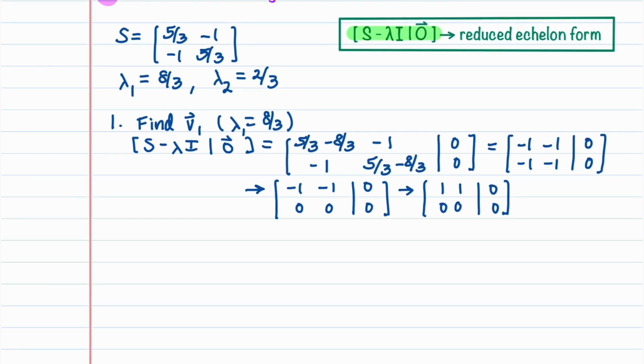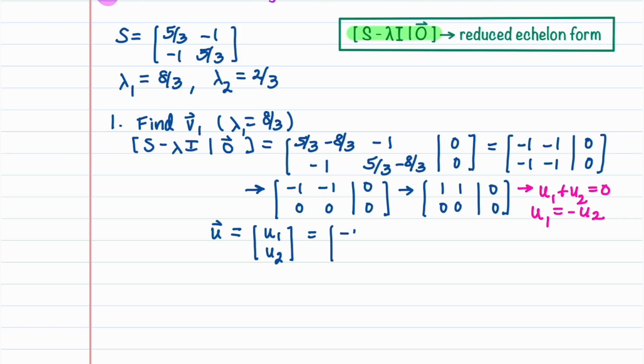I'm going to let U be our unnormalized eigenvector, and we can use this to find our normalized eigenvector. So it's U1, U2. If we go over here to our top row, this tells us that U1 plus U2 is 0. So U1 is −U2, and we can add this in.